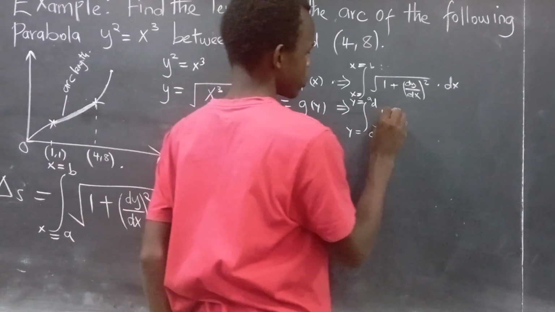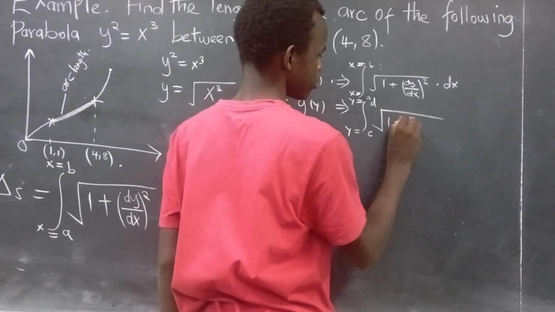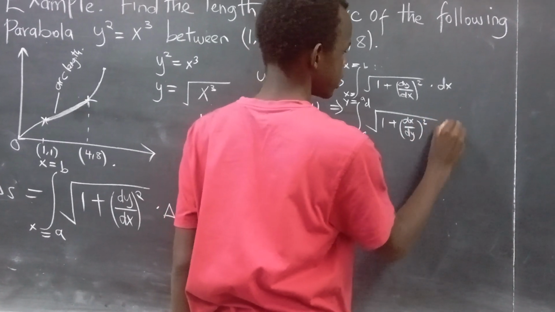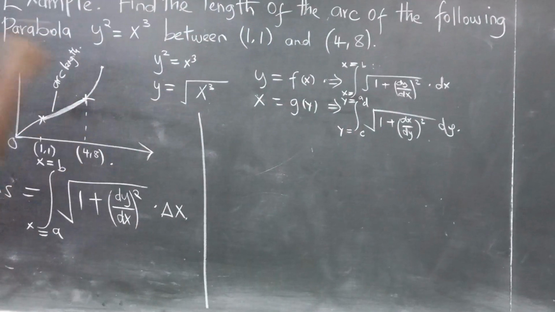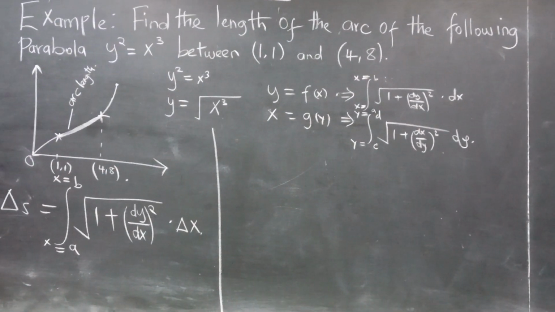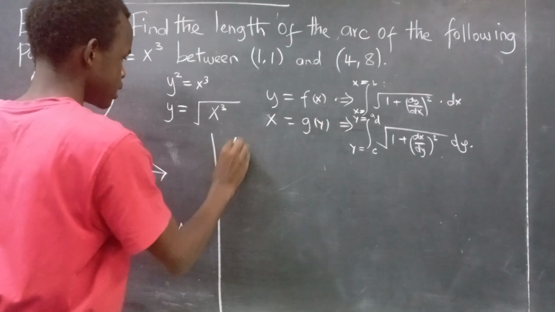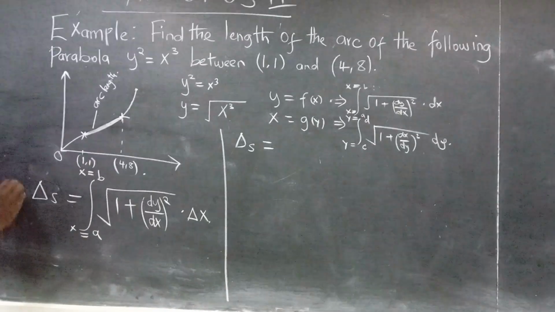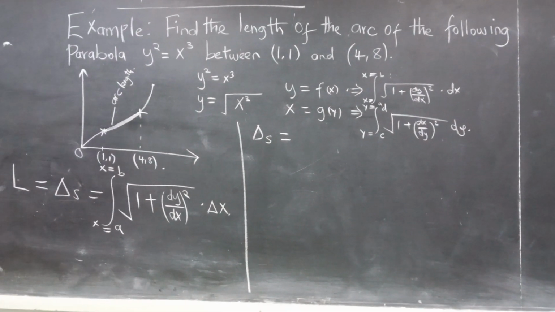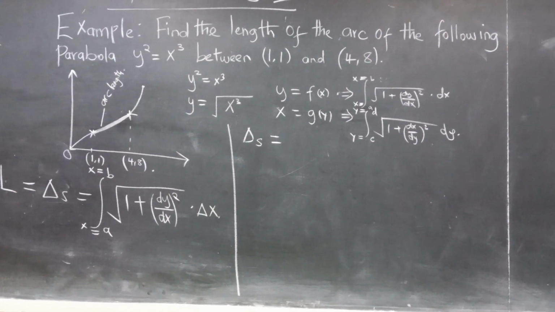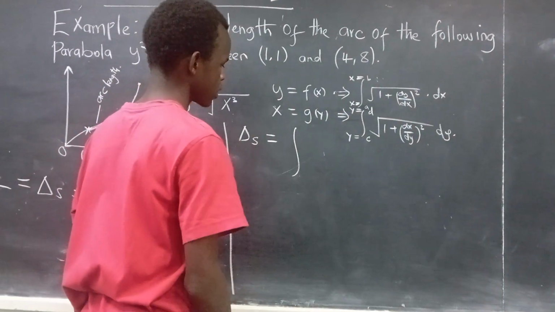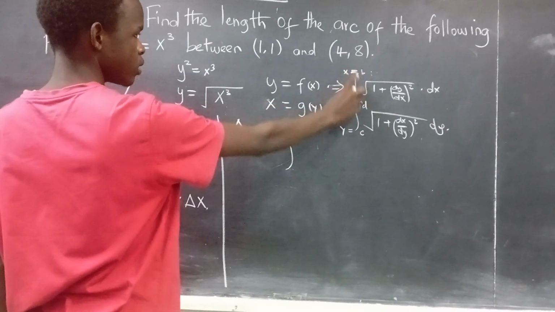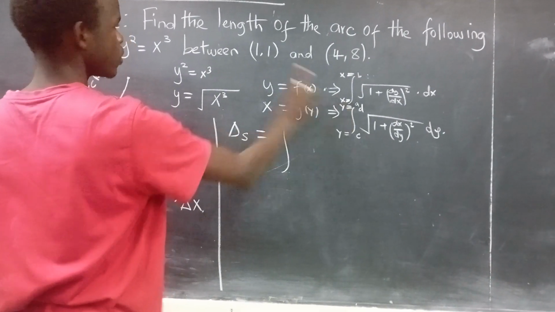So here I'm told the square root of 1 plus delta x over delta y squared delta y. So I want to be using that. I'll write my delta s, which is just the same as arc length, or a capital L to show arc length, as the integral from a to b, where x represents the x value on the graph.